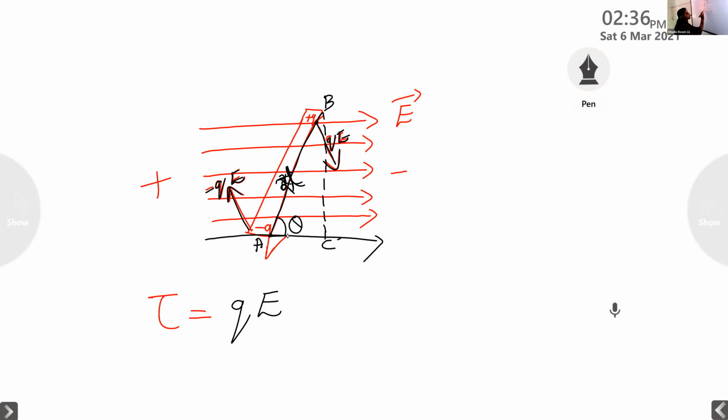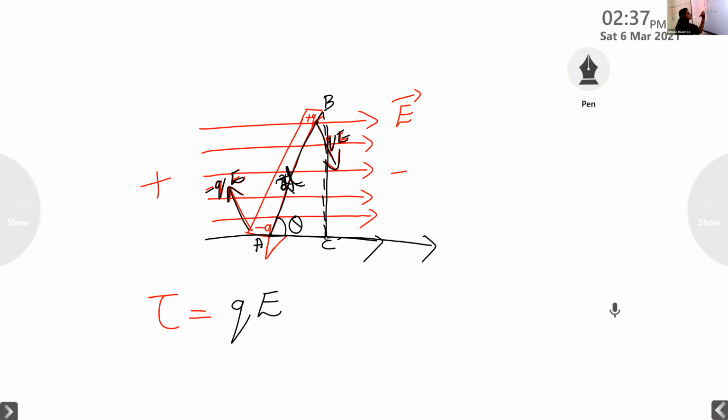So it is resolved into two components, one horizontal component and the other the vertical component. The distance of separation between the two charges, minus Q and plus Q, is given by 2L.